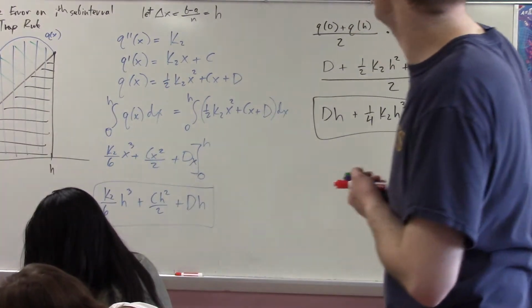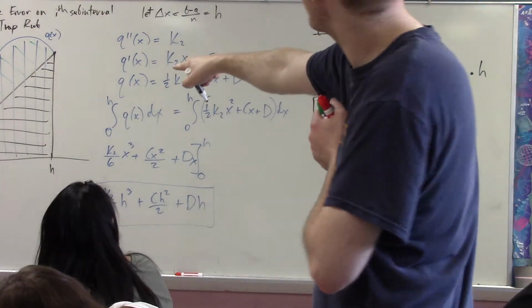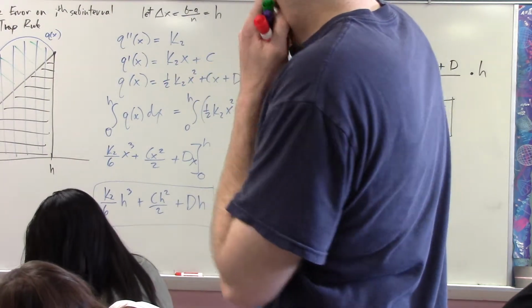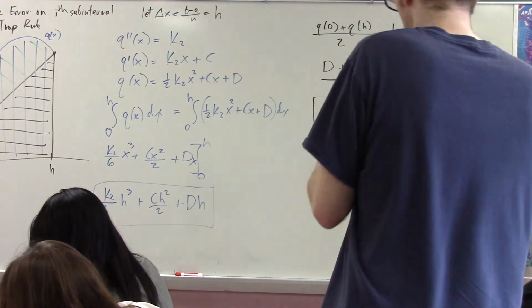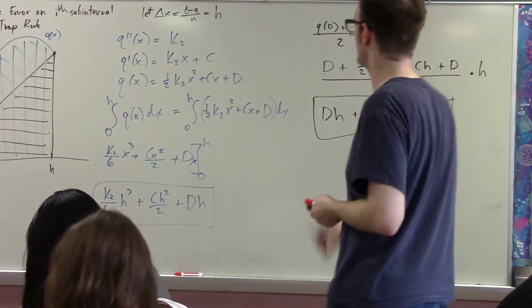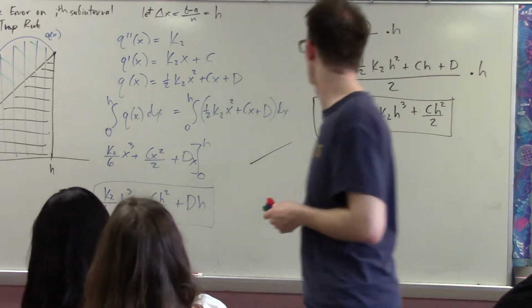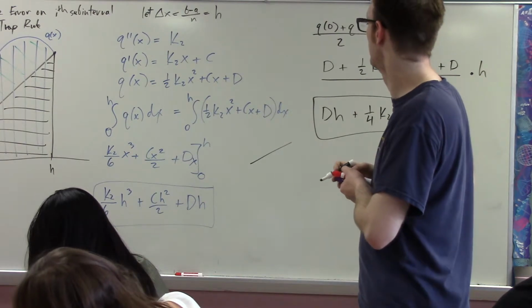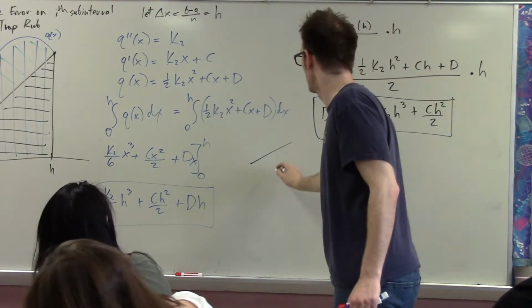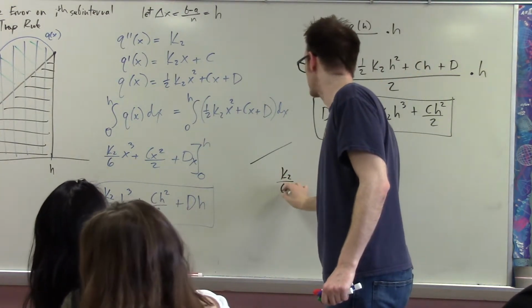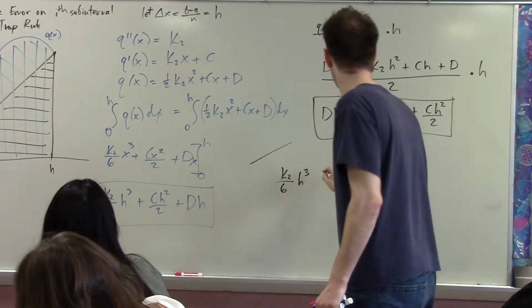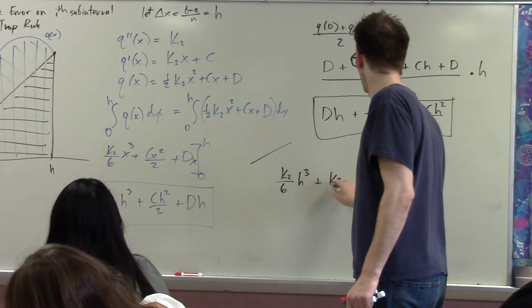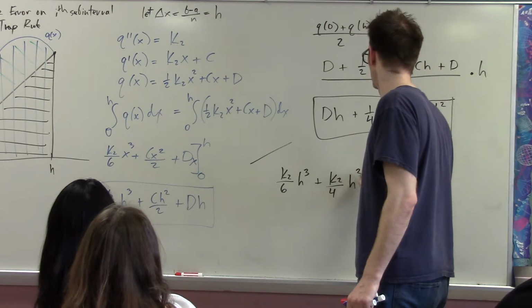So I calculated the area under the black trapezoid, I calculated the blue area, and therefore the green area is the difference between the two. So can we just subtract these two? What happens? Most things cancel. You get k2 over 6 h cubed minus k2 over 4 h cubed.